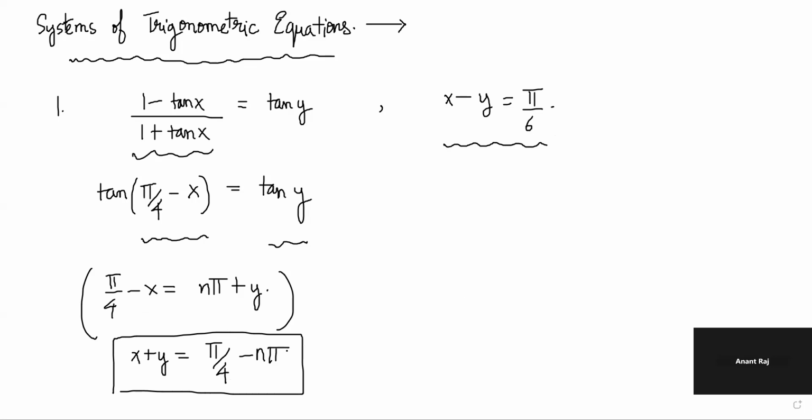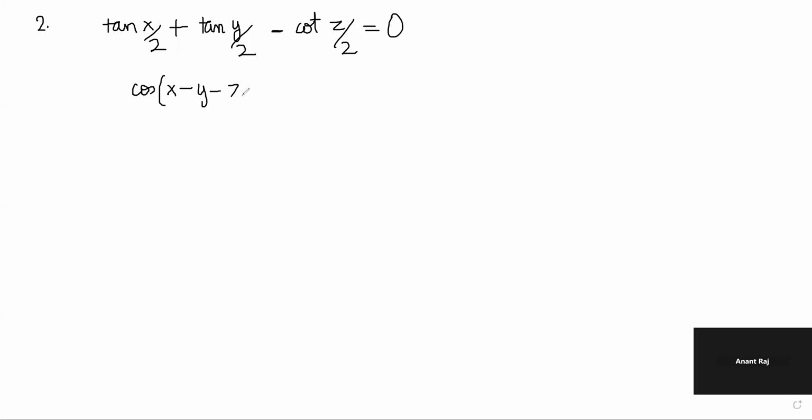If we look at the second one, we have three variables here. Tan x by 2 plus tan y by 2 minus cot z by 2 is equal to 0. Then you have cos of (x minus y minus z) is equal to half.